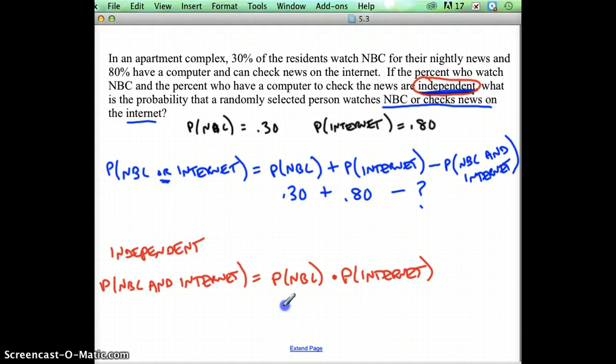So the probability of NBC is 0.30 times internet, which is 0.80, and we get 0.24. That's the overlap.